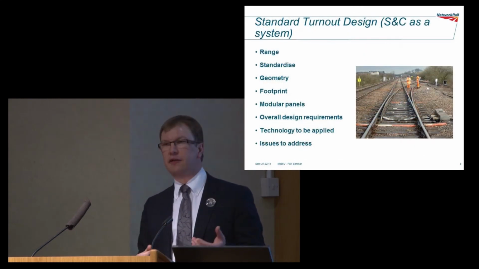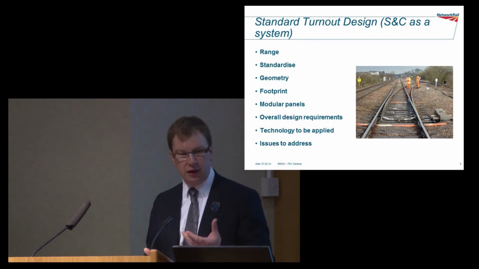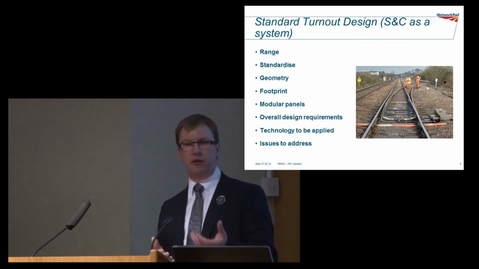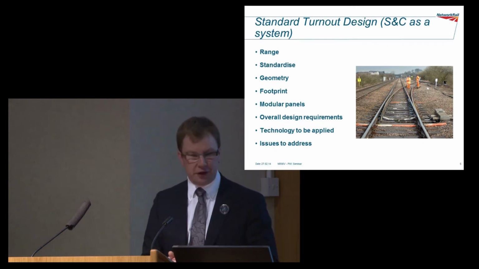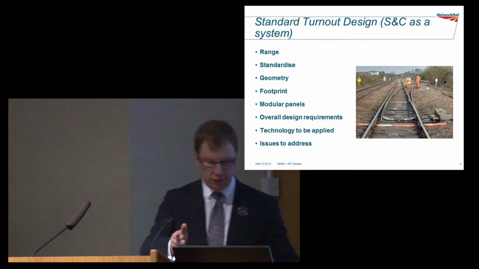So again, just thinking of things at a high level, the things we've been doing in Network Rail recently, thinking about design at a turnout level. Before we start that, we need to define what we're actually going to be doing and what considerations we need to make.